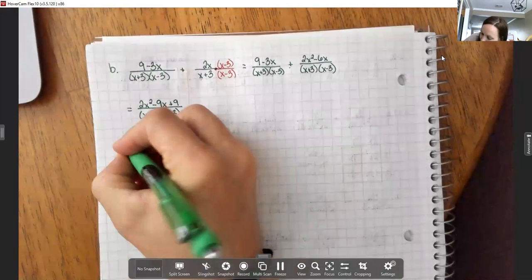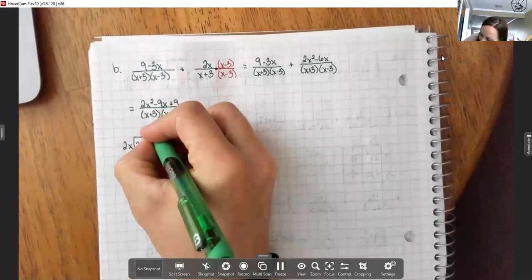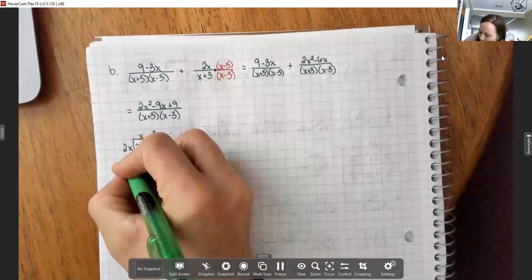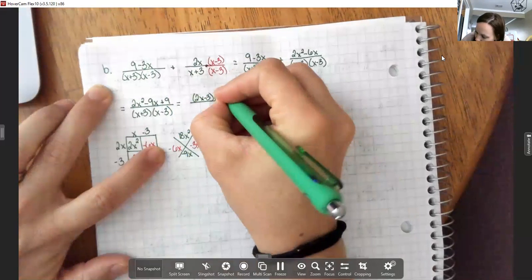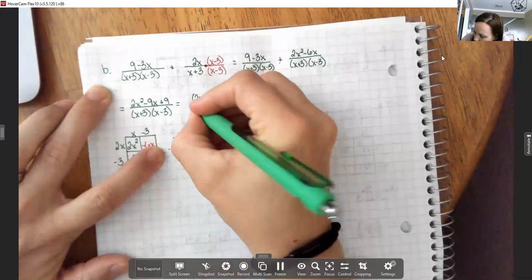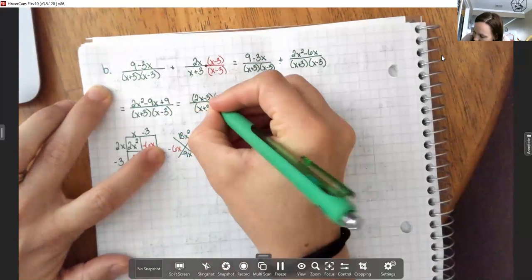All right, so this becomes 2x, x, negative 3, and negative 3. So 2x minus 3 times x minus 3 divided by x plus 3 times x minus 3.